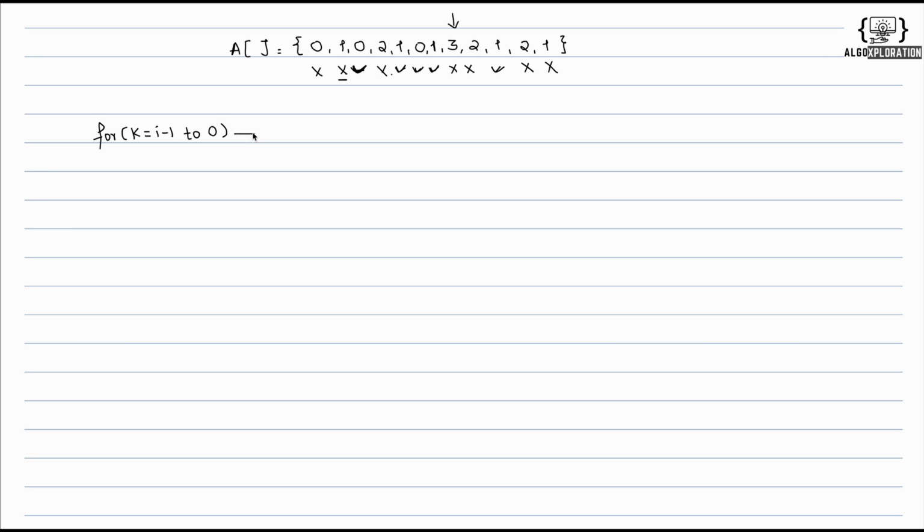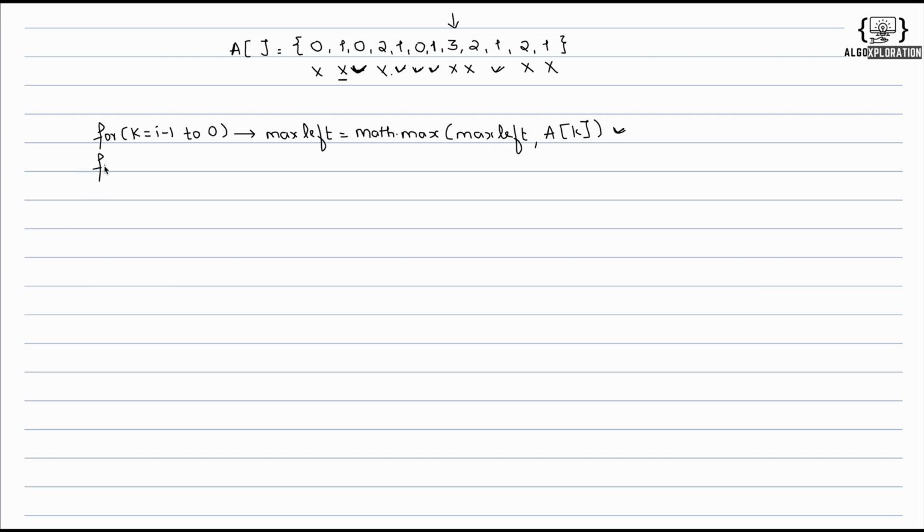Then we have to search for the maximum height of the building on its left. So maxLeft equals Math.max of maxLeft comma a of k, right? Using this for loop, we are able to find the maximum height of the building on its left.